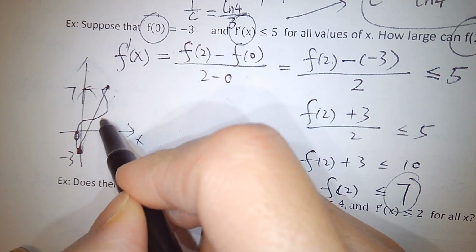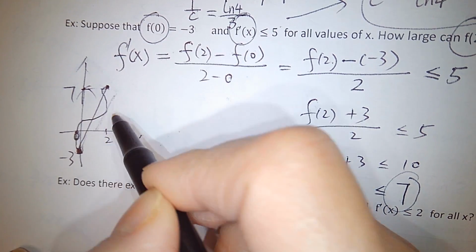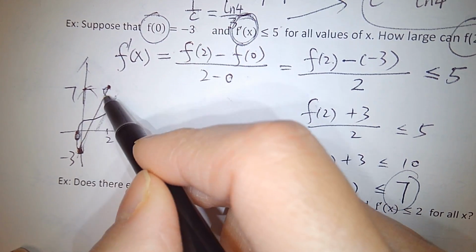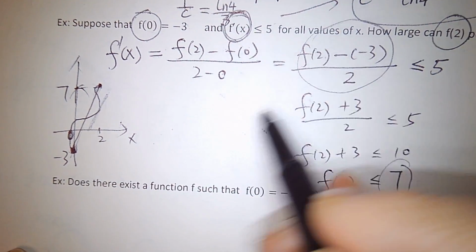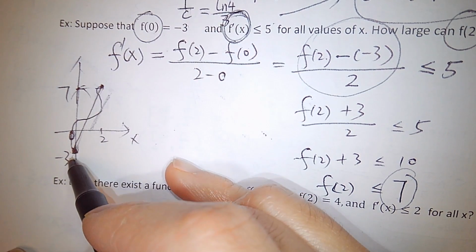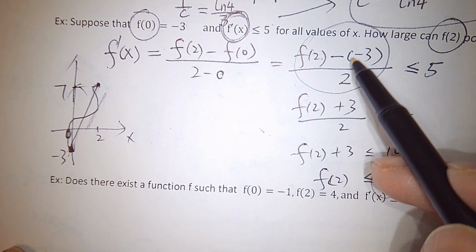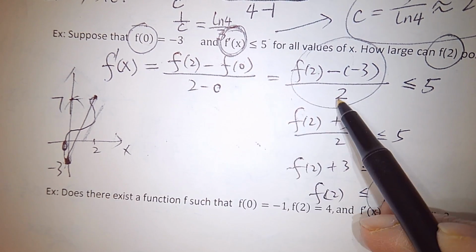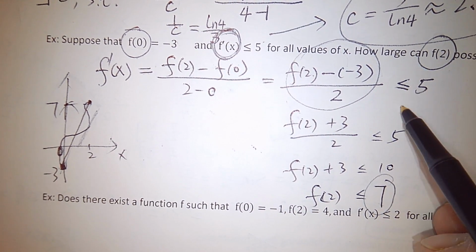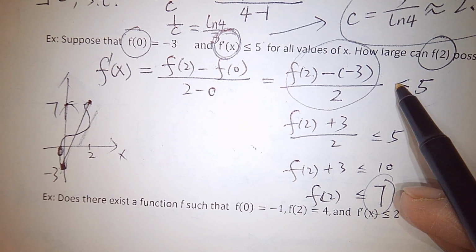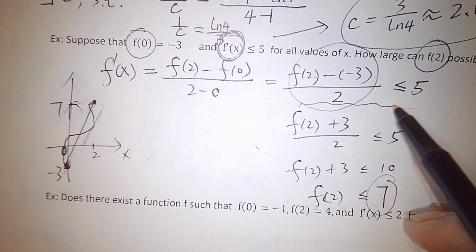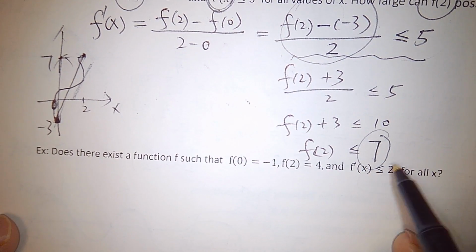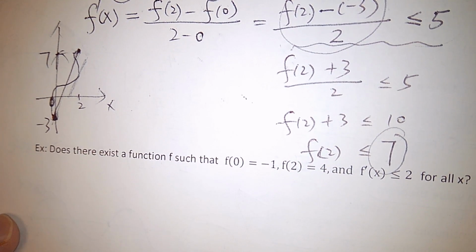However, we know the slope of the tangent line must be consistent with the slope of the line segment. So the slope of the line segment equals f of 2 minus negative 3 divided by 2 minus 0. Because the slope should be less than or equal to 5, we build an inequality. Then we can solve for the maximum value of f of 2, which is 7. Do you guys see that?